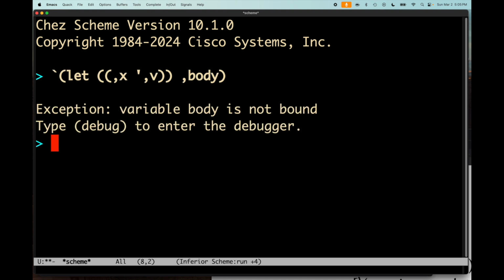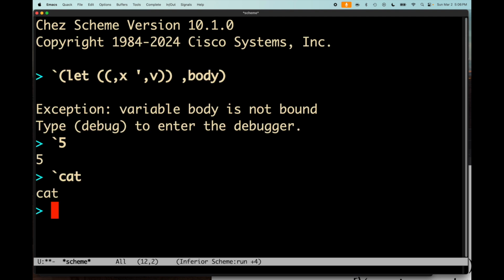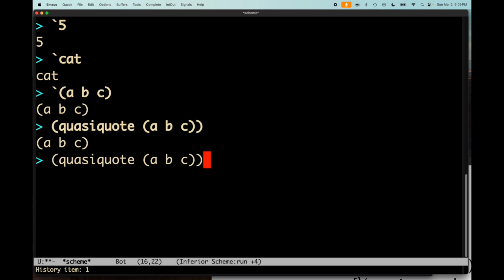So let's just try this out. Quasi-quote 5, quasi-quote cat, quasi-quote list a b c, great, but can I also do 5? Or let's do another list, how about d e?